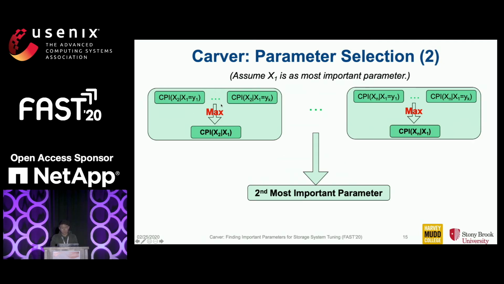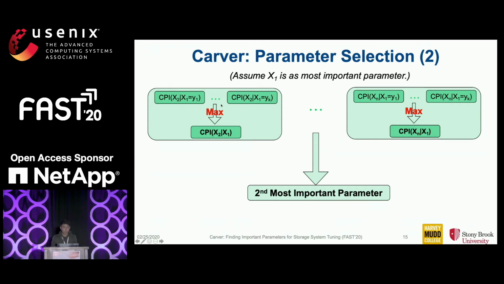Let's assume in the previous step, Carver picks x1 as the most important parameter. Then Carver calculates the conditional parameter importance for each remaining parameter by fixing the value of x1 and chooses the maximum of this as the final conditional parameter importance.